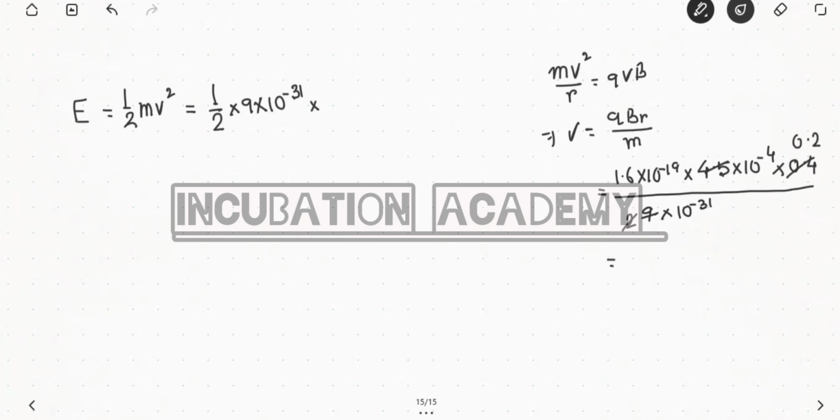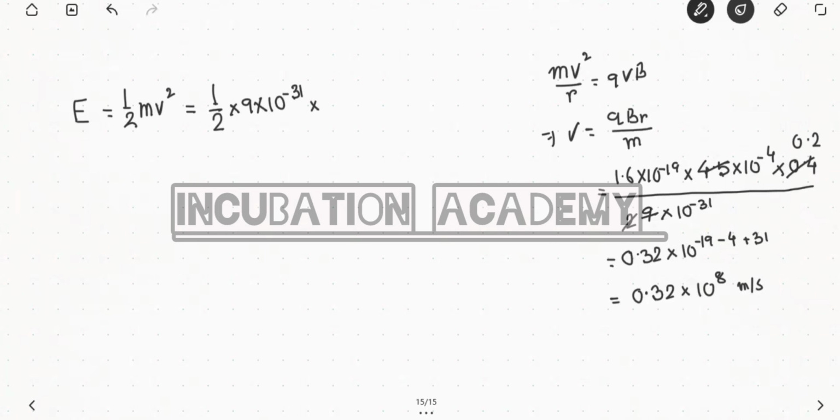So 0.2 into 1.6 becomes 0.32 multiplied by 10 to the power minus 19, minus 4 plus 31. So 0.32 multiplied by 10 to the power minus 19 minus 4 is minus 23. So it is of the order of 10 to the power 8.